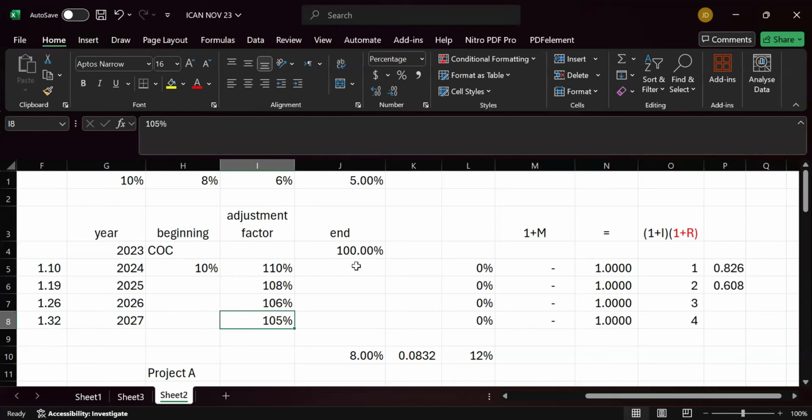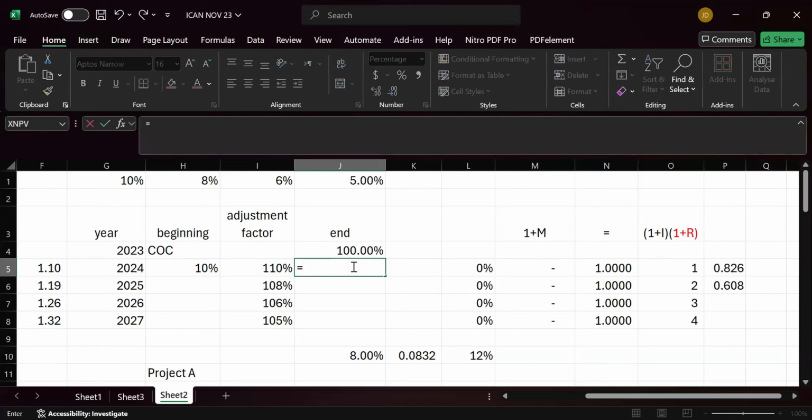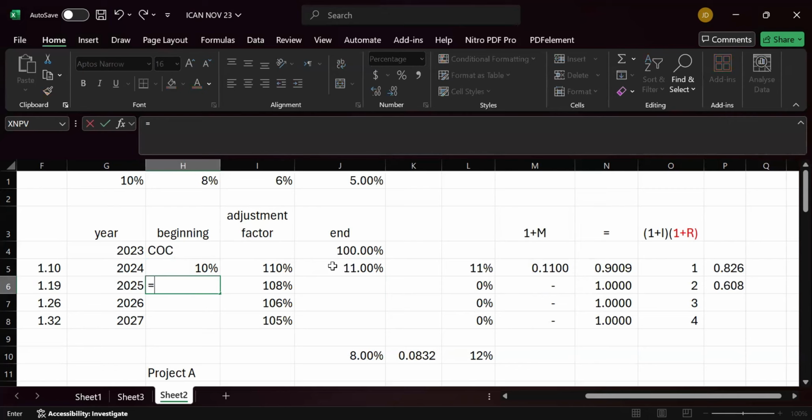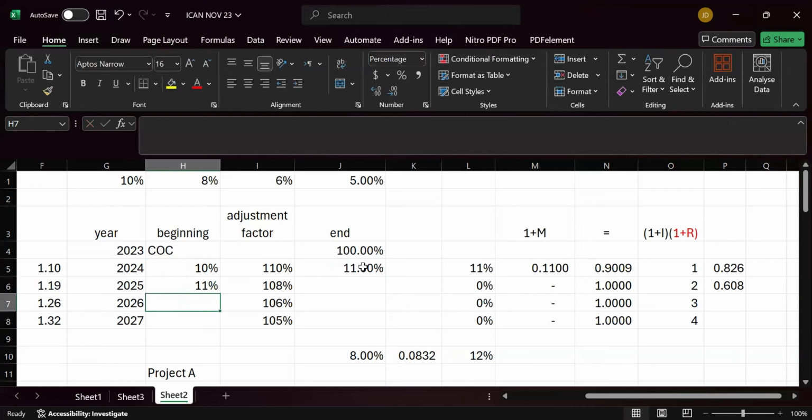So at the end of year 1, what will be the adjusted cost of capital? It will be this multiplied by the inflation rate. So the adjusted cost of capital becomes 11%. So this will be the beginning for 2025, 11%.